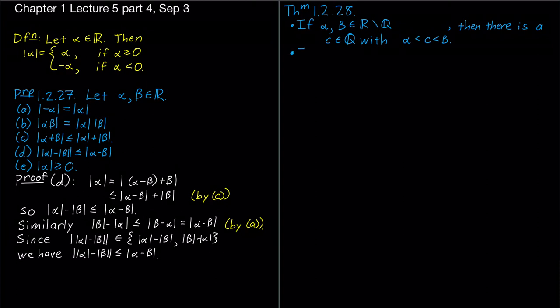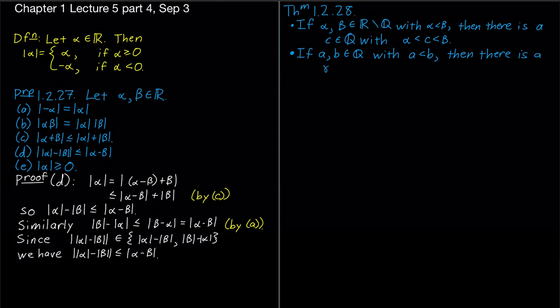And conversely, if A and B are rational numbers, I suppose I do have to specify the order of them, then there is an irrational number that is between them.